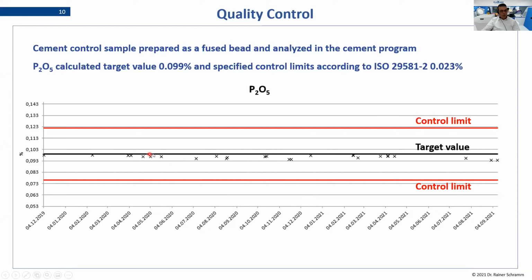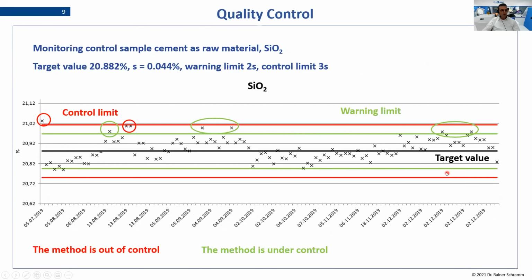While when we would use here the standard deviation from these values, our control limits would be much closer to the value, and more often than not we would have a situation of method out of control. And you see now these 2 examples, this one where we use specifications from outside, and this one where we use our own statistical values to determine our limits.